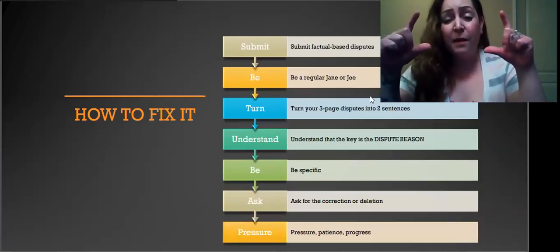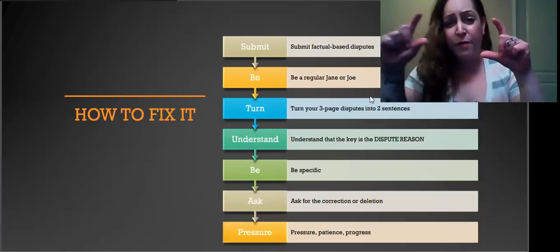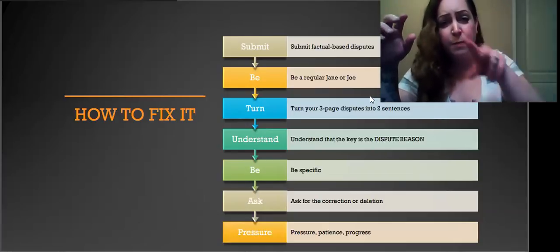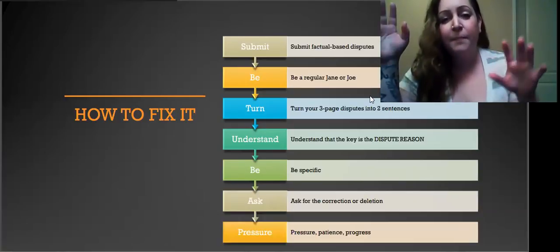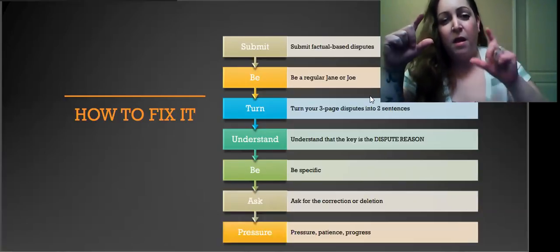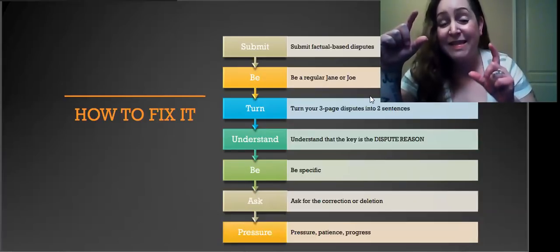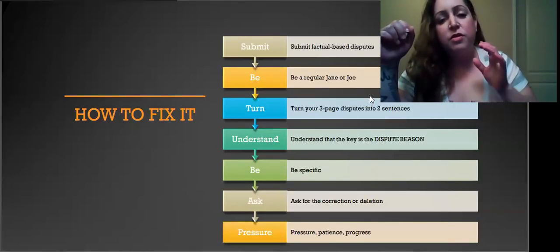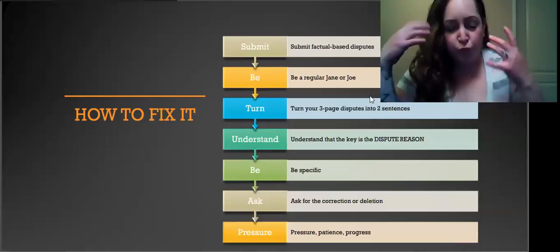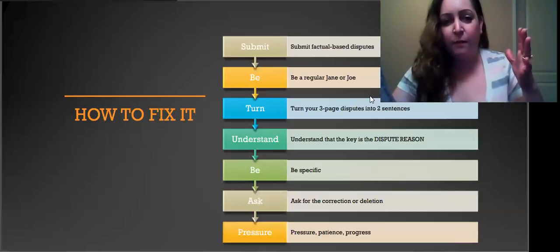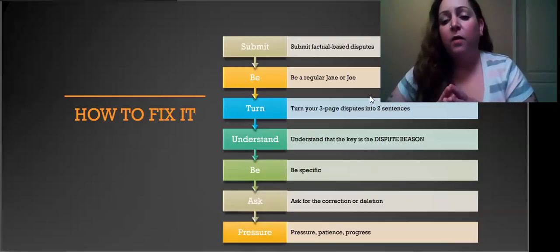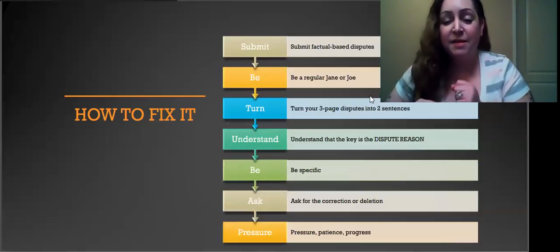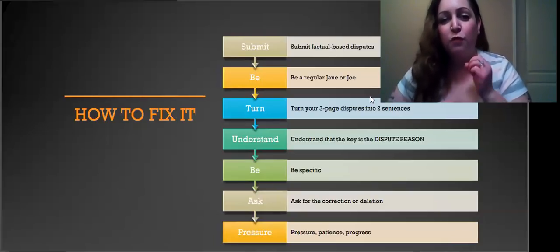But your opening paragraph, that very first heading right under Dear Experian or To Whom It May Concern, is going to be no more than 4 sentences, and that's a lot. That's like 5 letters in when you're really angry, right? Turn your long, monstrous dispute letter into 1 page. Now you also need to understand, and yes, I said this a couple of minutes ago, that the key is the dispute reason. The key is the dispute reason.